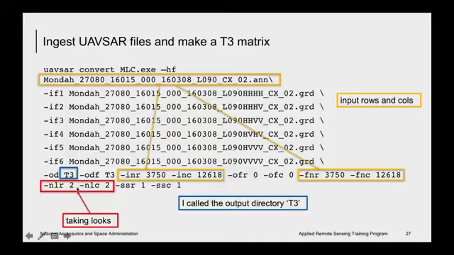And I'm taking looks in rows and columns. Erica talked about taking looks in session 2, and we're going to do the same here, so 2 by 2. After this, we're going to have a T3 matrix. After you have the T3 matrix, you can call any decomposition you want.